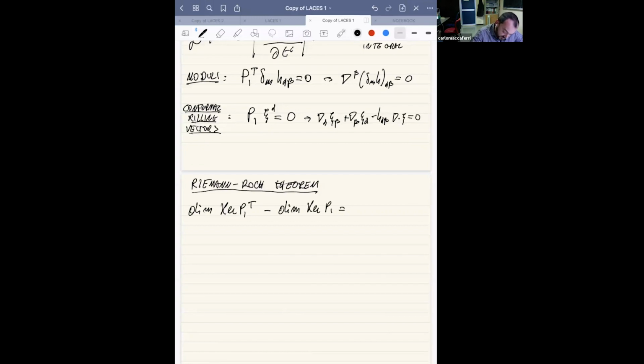The dependence is through the so-called chi, which is called the Euler characteristic.